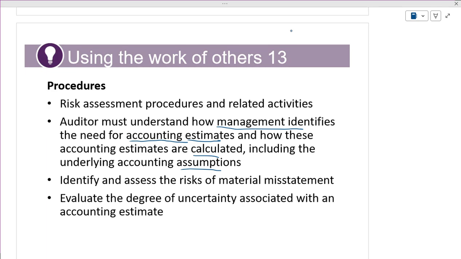Apart from that, things are going to be the same. Identify the risks of material misstatement, which we are doing all through, and evaluate the degree of uncertainty associated. Definitely you are making projections. There will be some plus or some minus. You will have a margin of error.